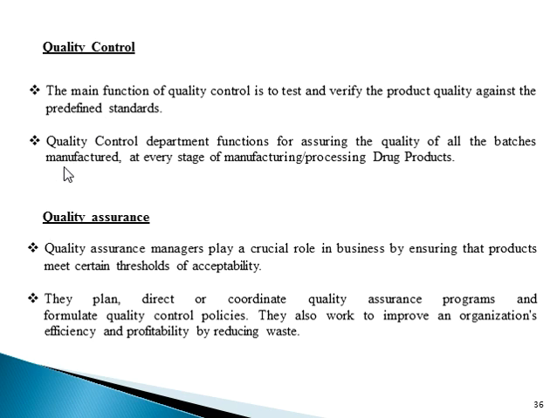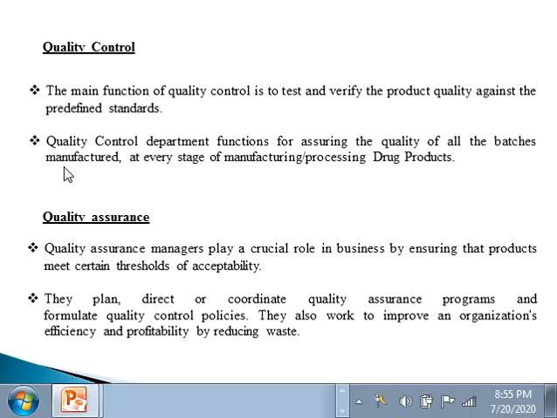Quality assurance. A quality assurance manager plays a crucial role in business by ensuring that products meet a certain threshold of acceptability. They plan, direct, or coordinate quality assurance programs and formulate quality control policies. They also work to improve an organization's efficiency and profitability by reducing waste.